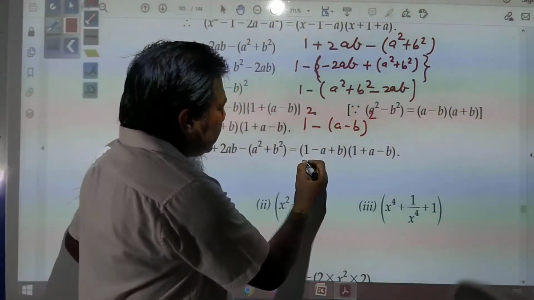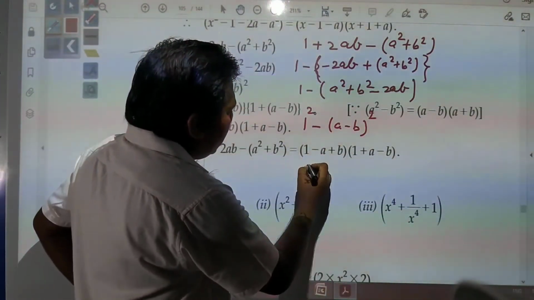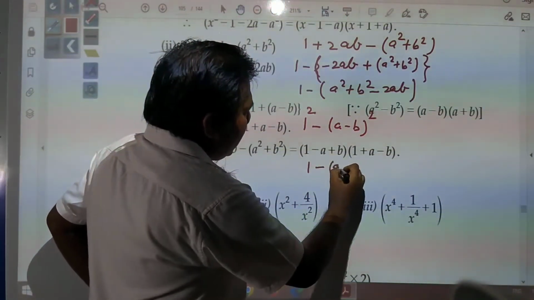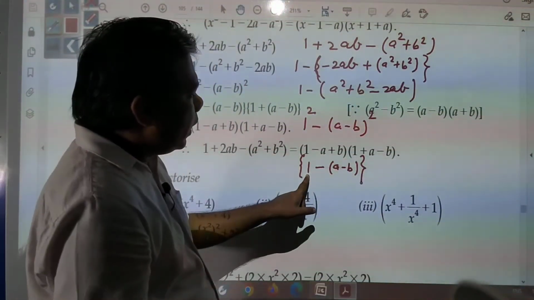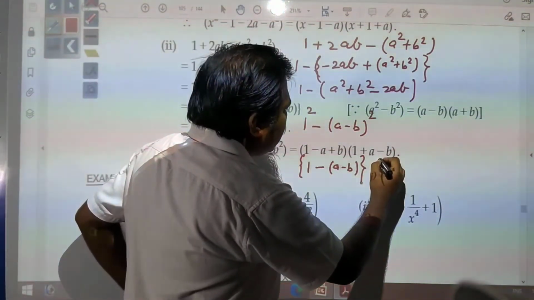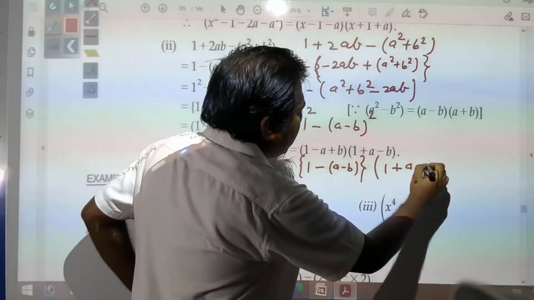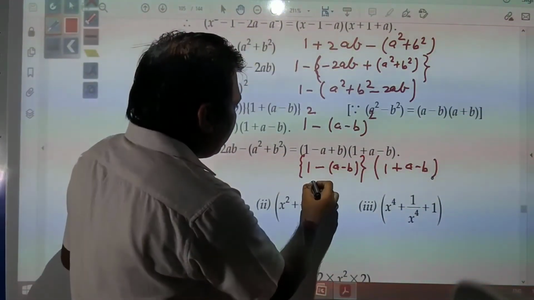While doing this in sign, you must not be confused. Here you see how we will write 1 minus a minus b, means what we have written, a minus b, into a plus b, means 1 plus a minus b. This we have written. Now you see how we will write.